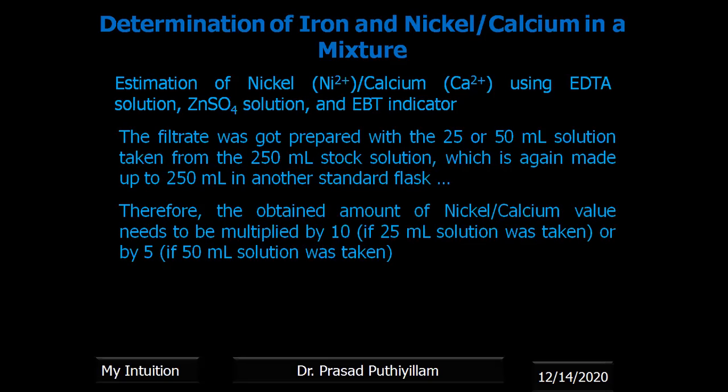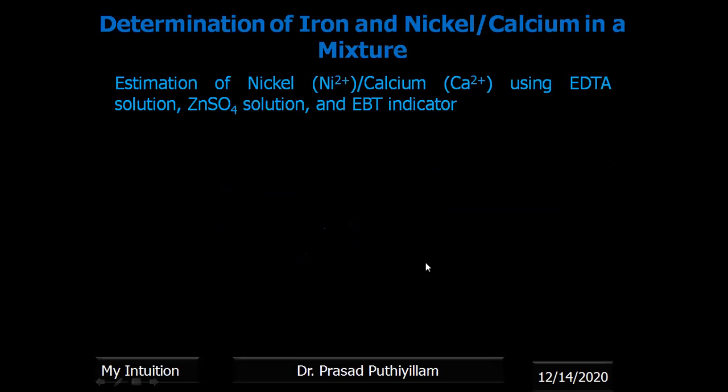In that finally diluted 250 ml, we first estimate the amount of nickel or calcium. Then we multiply by 10 if initially we took 25 ml for the estimation of iron, or by 5 if we took 50 ml of solution. That is a normal mathematical calculation.